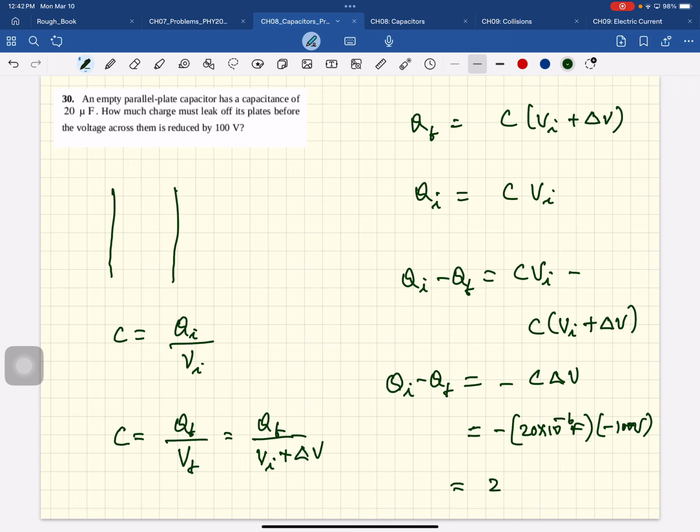So 2, and what are the units for charge? Coulombs. Farad times volts is a coulomb. Yep.